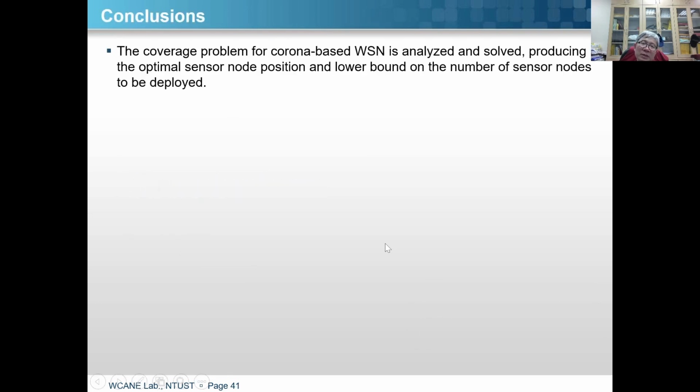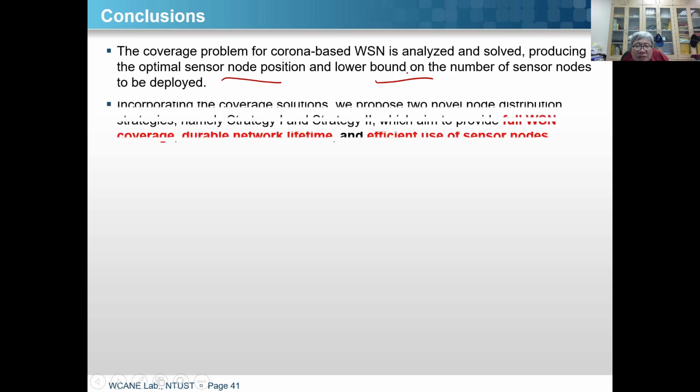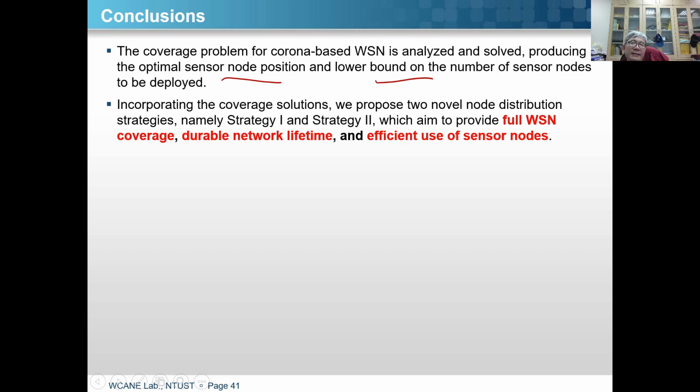Conclusions. We talked about the coverage problem of the corona-based wireless sensor network and tried to find the optimal sensor node position. And to have balance, we derived a lower bound on the number of sensor nodes to be deployed, and with the proper strategy 1 and 2, we can achieve our goals: proper coverage, a durable network lifetime, and efficient use of sensor nodes.